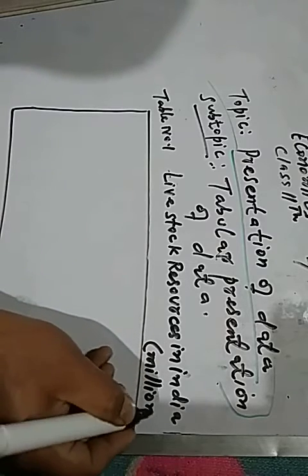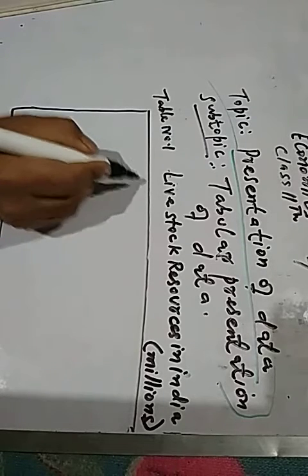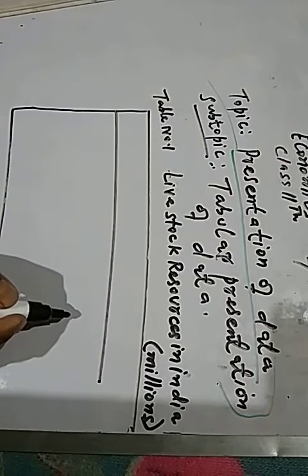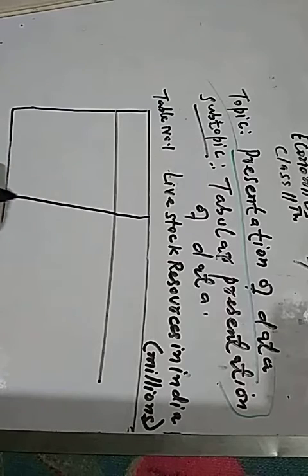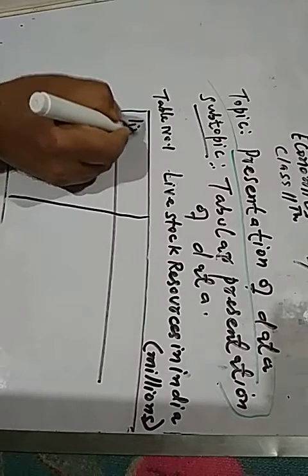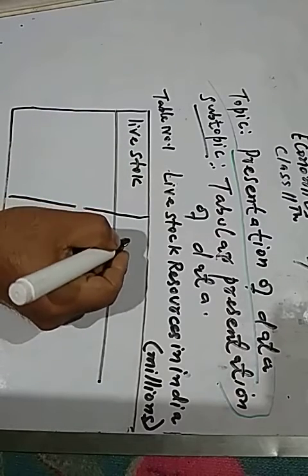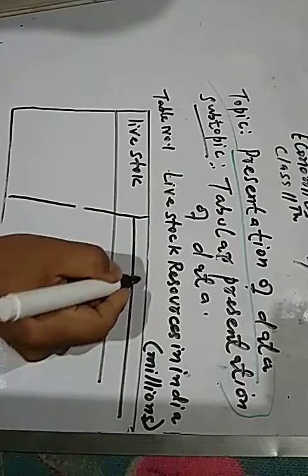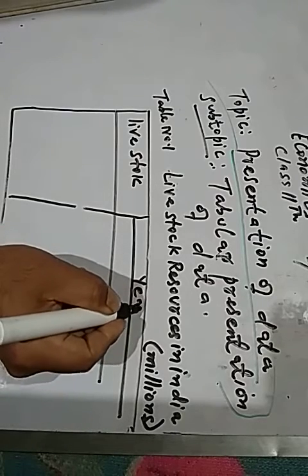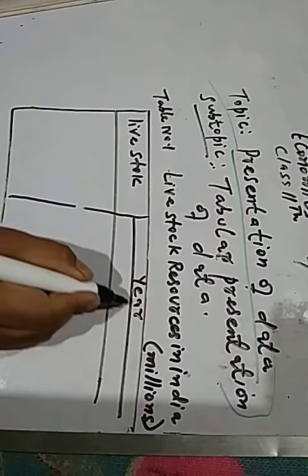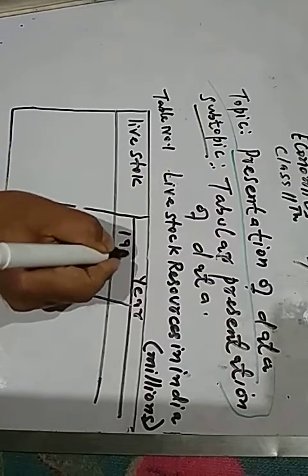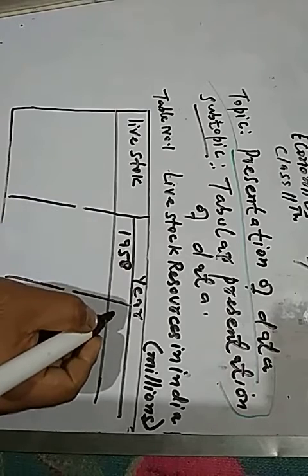Millions. Livestock, year 1958, 2003. This is the actual data.